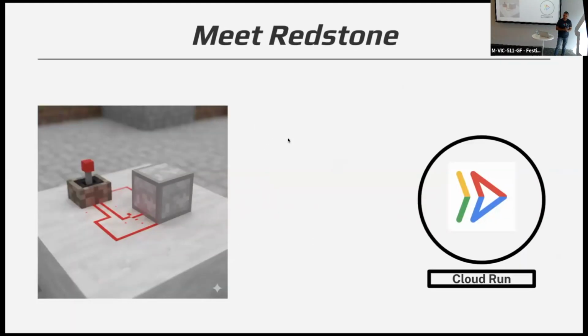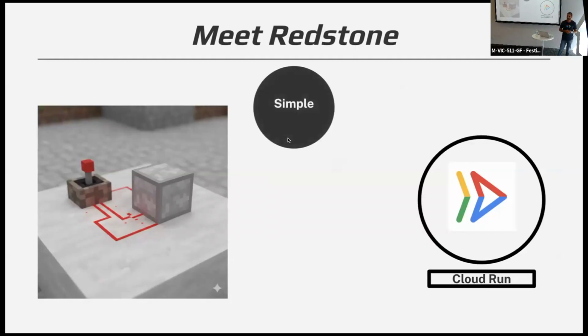All right, so first on the list, let's meet Redstone, our Cloud Run server. Why is it Redstone? Let's take a look. It is simple. So how many of you have used Cloud Run in the past? Okay, a few. It is very simple, right? You don't really have to worry about the underlying infrastructure, which network it should go to, or what my servers should look like.